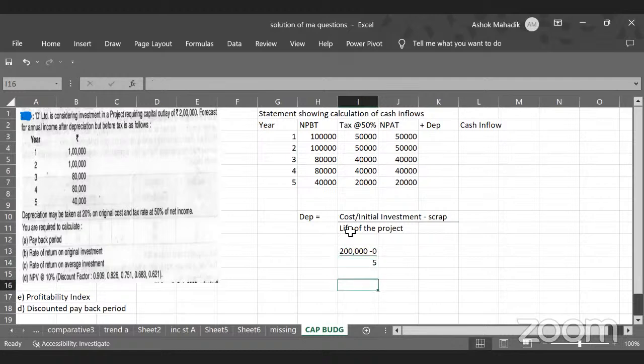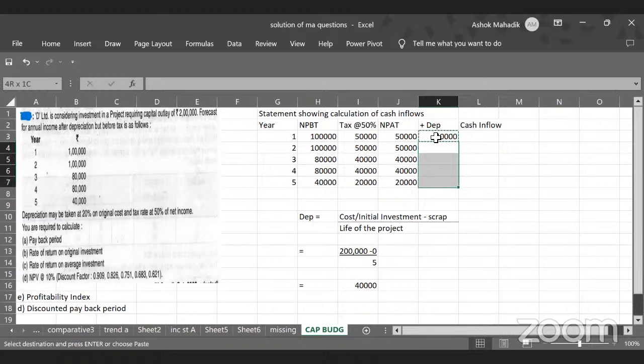So depreciation will be 2 lakhs divided by 5, 40,000. In all the columns, we'll write 40,000 as our depreciation per annum.